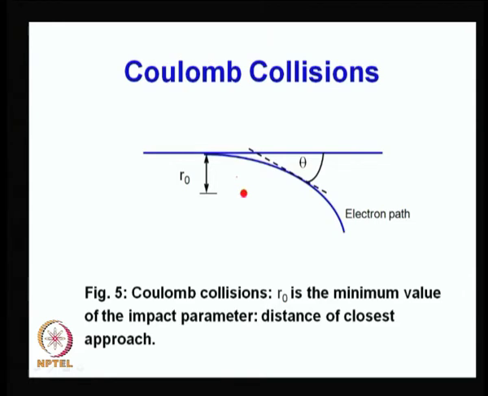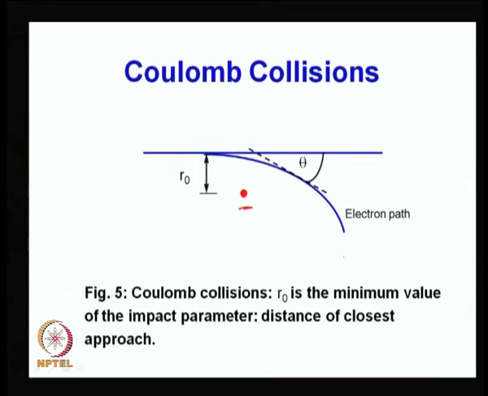What happens in a Coulomb collision is that as a charged particle approaches an ion, it undergoes scattering and follows a hyperbolic path.